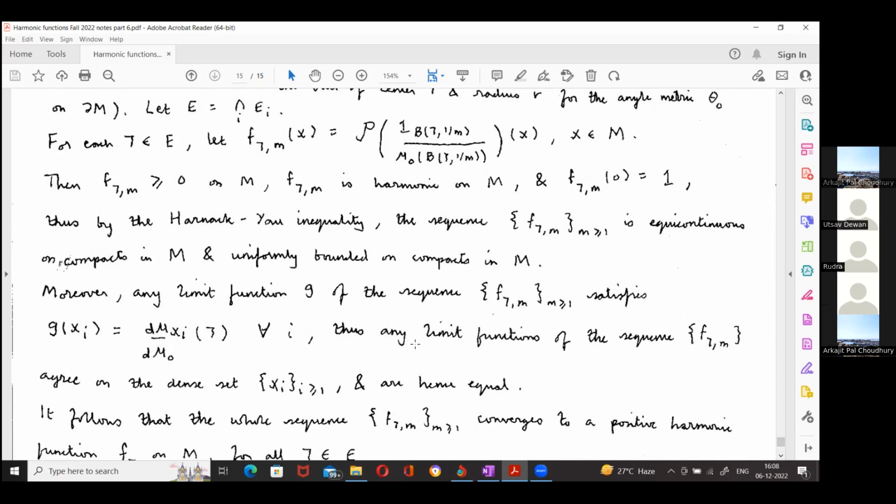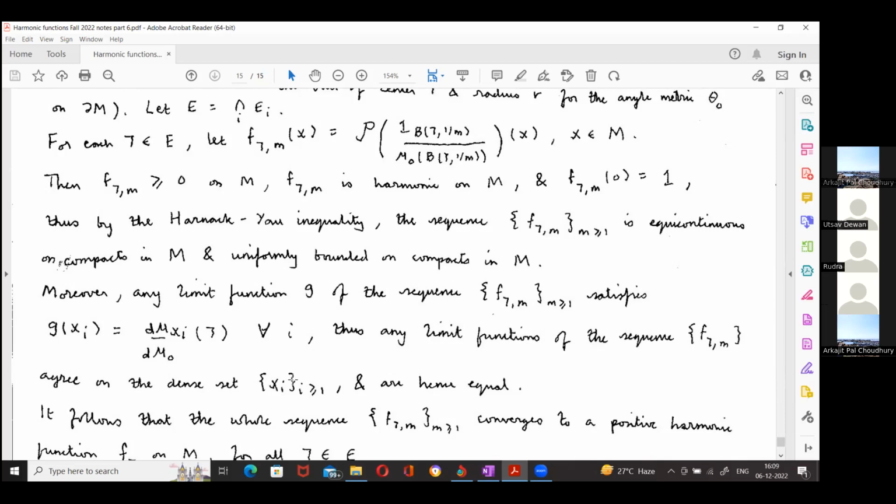So if I take any limit function of this sequence, then on the dense set xi, any two limit functions are equal. And any limit function of this sequence is harmonic, because it's a uniform limit on compacts of harmonic functions. So if you have two harmonic functions which are equal on a dense set, then they are equal everywhere, right?